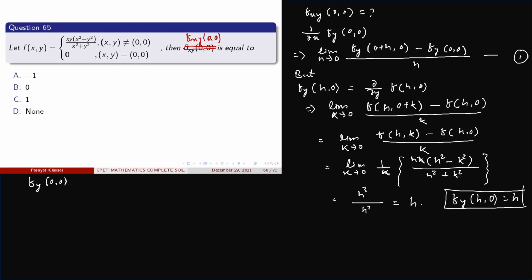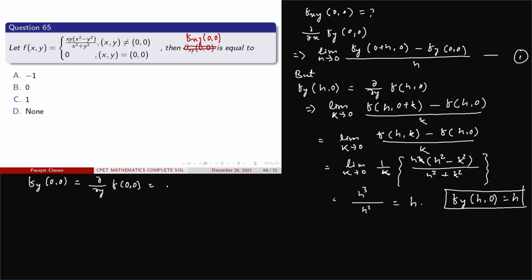This can be calculated as, this whole quantity is equal to del by del y of f of 0 comma 0.